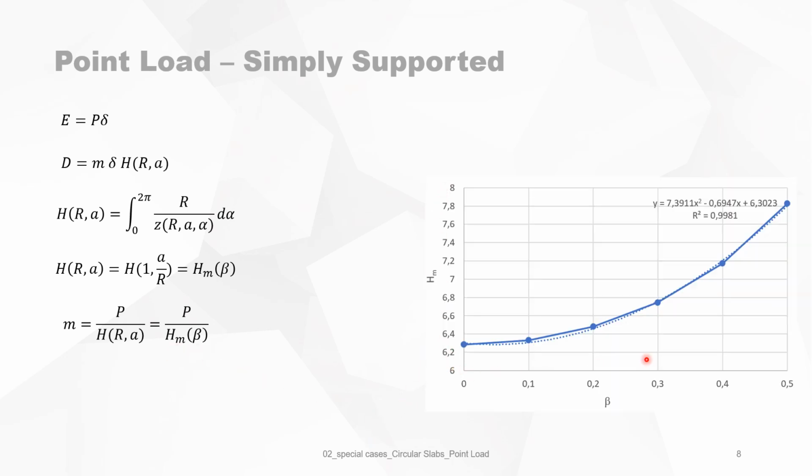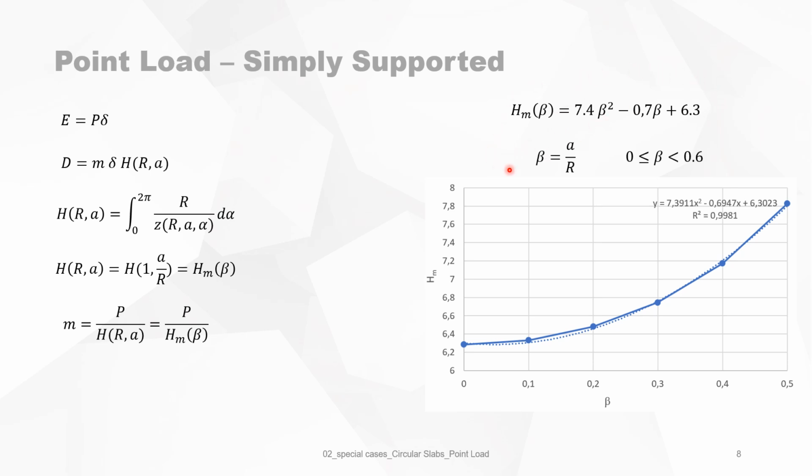And h_m, when you make a graph of it, you see on the x-axis is beta, so it's from 0, that's the load in the center of the slab, to 0.5, which means the load is at mid section of the radius of the slab. So I've calculated those integrals for different points, and then I've fitted it into a polynomial, and the equation for h_m is then equal to this.